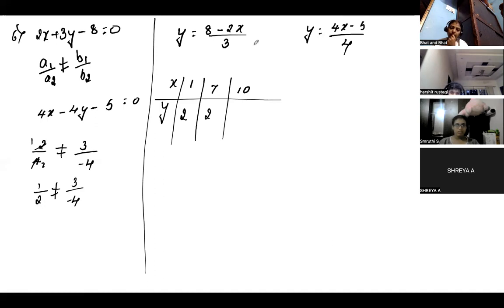So if you take 10, y becomes minus 4. Correct. Now for the other one also, try like this. Understood? Okay, ma'am.